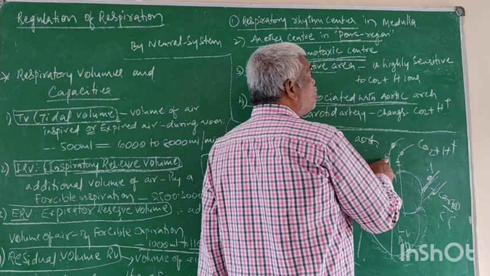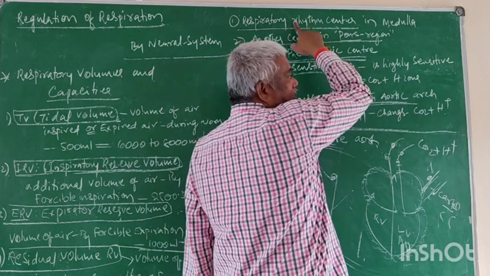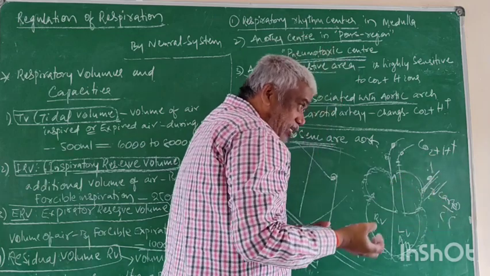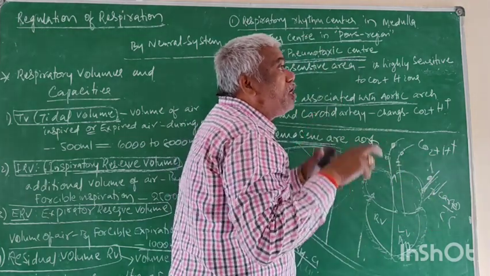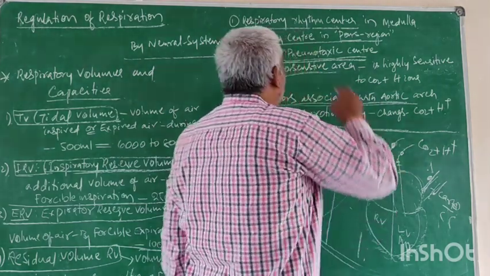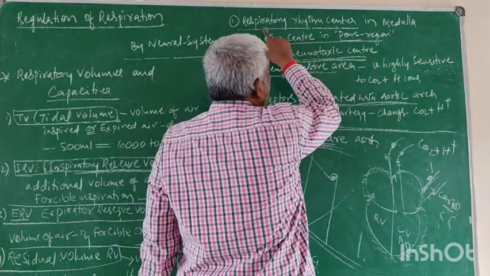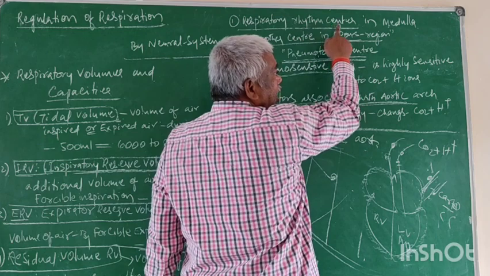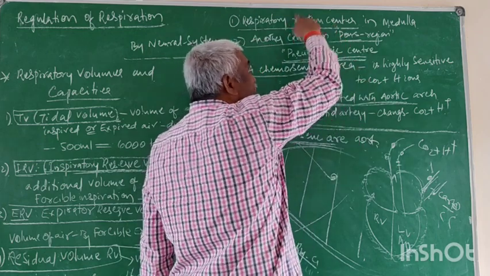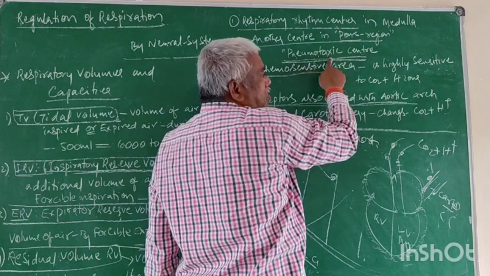Then the signals go to the respiratory rhythm center. According to the signals, it modulates the rhythm. The respiratory rhythm center is the main regulator, and this regulation is under the control of the pneumotaxic center.